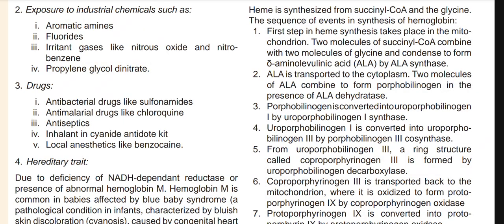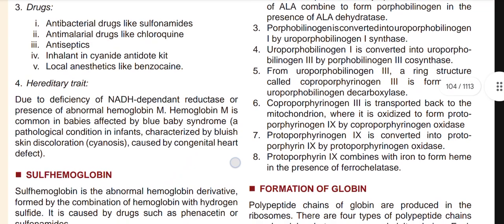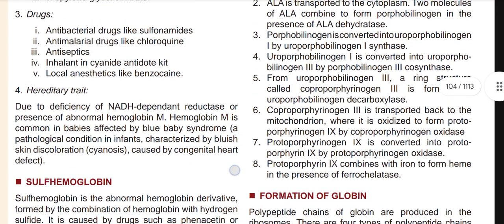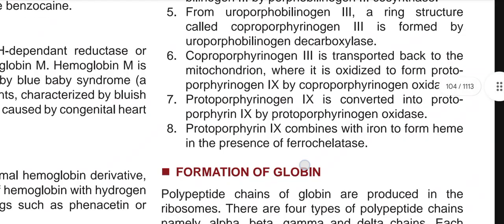Now uroporphyrinogen 1 is converted into uroporphyrinogen 3 by uroporphyrinogen 3 cosynthase. From uroporphyrinogen 3, a ring structure called coproporphyrinogen 3 is formed by uroporphyrinogen decarboxylase, and coproporphyrinogen 3 is transported back to the mitochondria where it is oxidized to form protoporphyrinogen 9 by coproporphyrinogen oxidase.